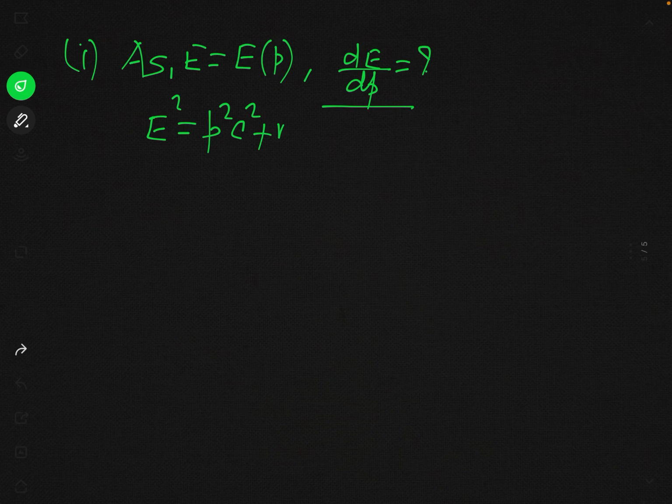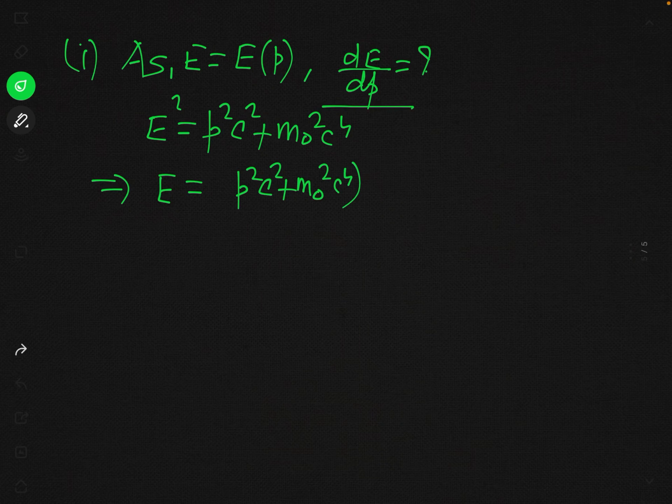You can see, you know, E square is equal to P square C square plus m naught square C4. And from here you can write what will be the value of E. This will be simply P square C square plus m naught square C4 to the power half.